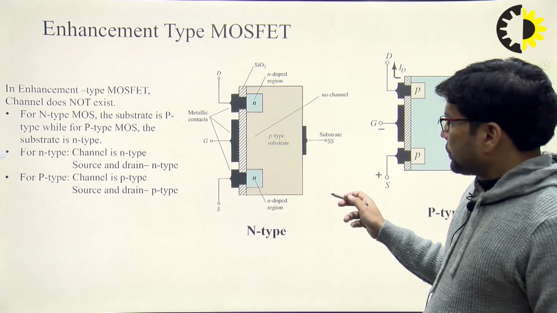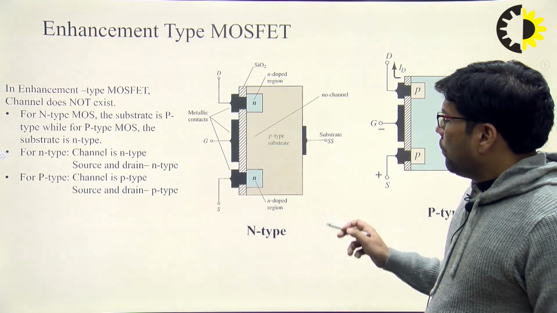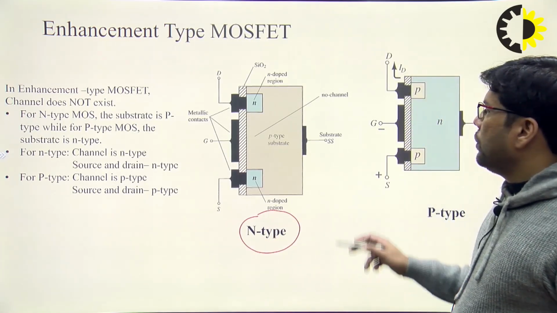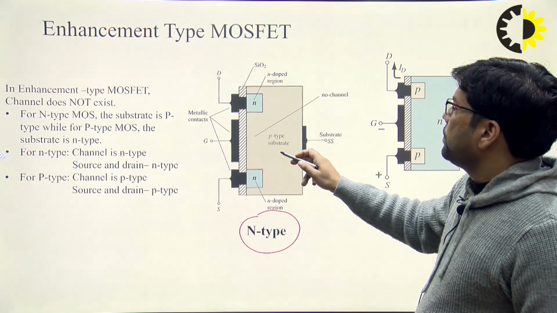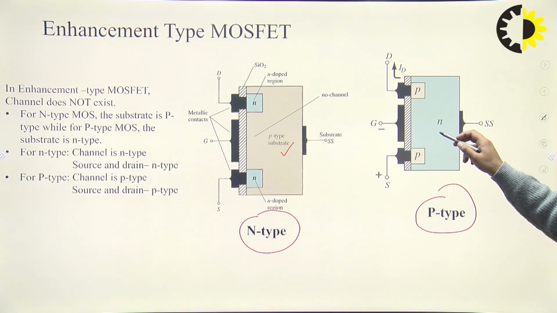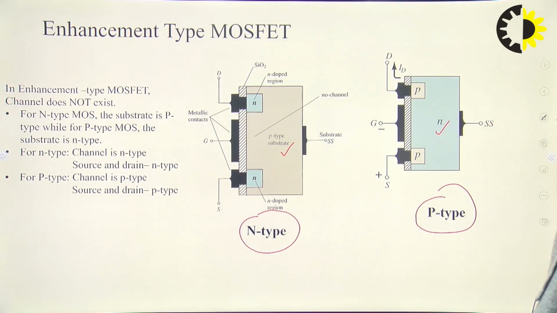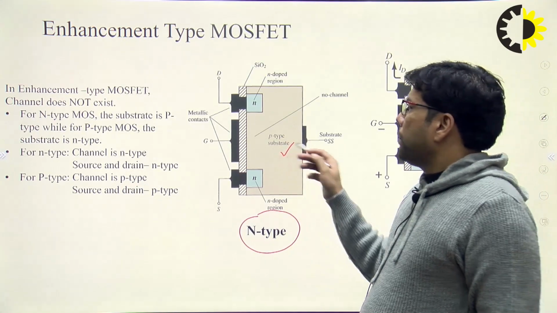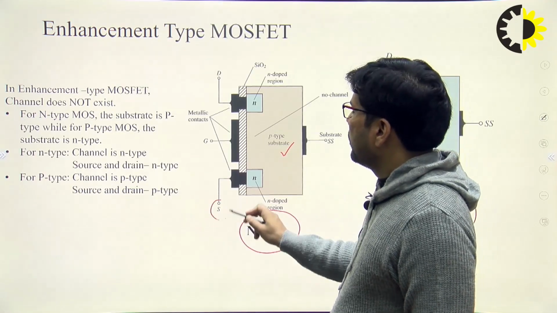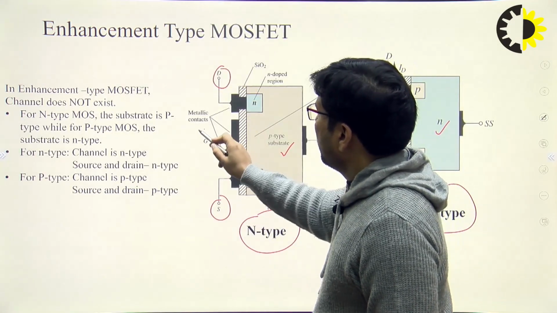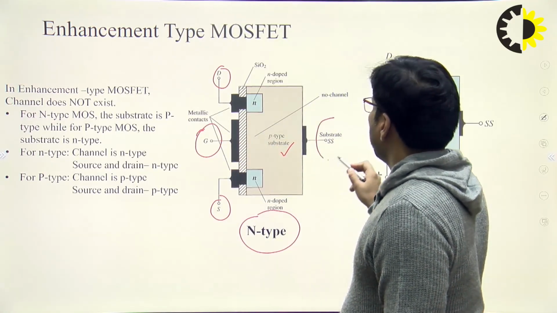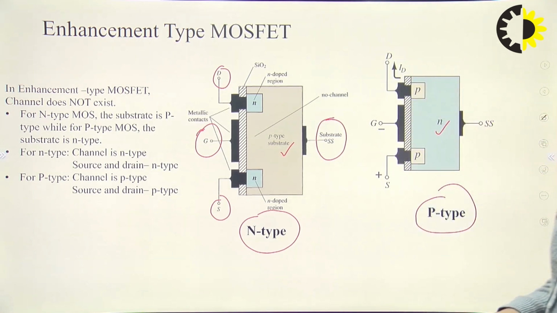But for the n-type enhancement type MOSFET, we need to take the substrate type as p-type, while for the p-type MOSFET we need to take the substrate type as n-type, right? And it is a 4-terminal device, as I discussed earlier: the source, drain, gate, and the fourth one is a substrate terminal, right?